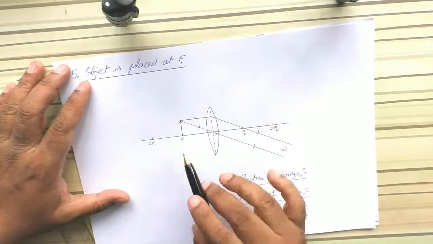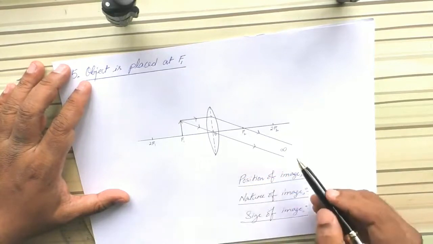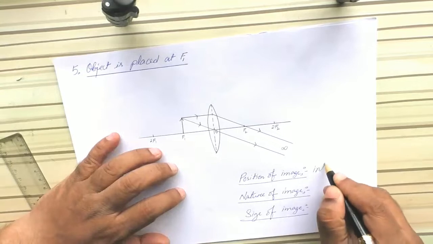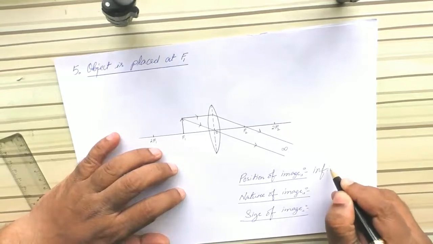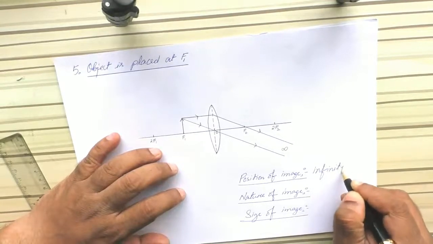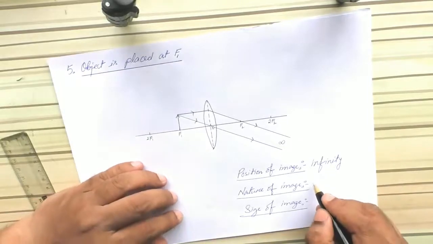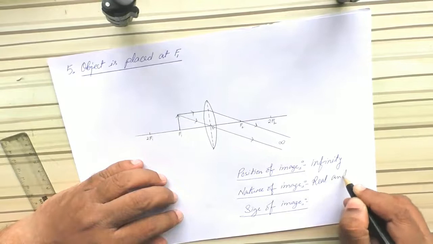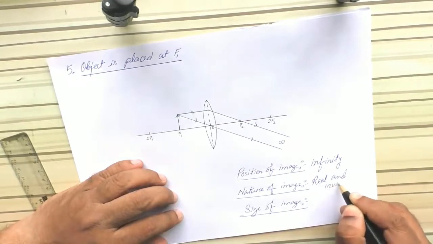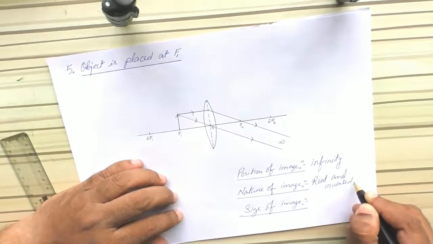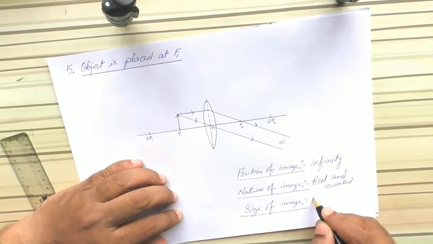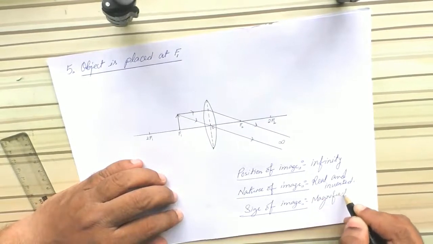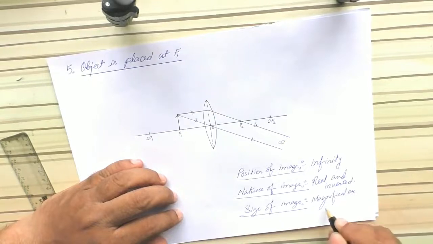So if the object is placed at focus, we can say that the image is formed at infinity or at infinite distance. Nature of image is real and inverted. And about the size of image, it will be magnified or enlarged.